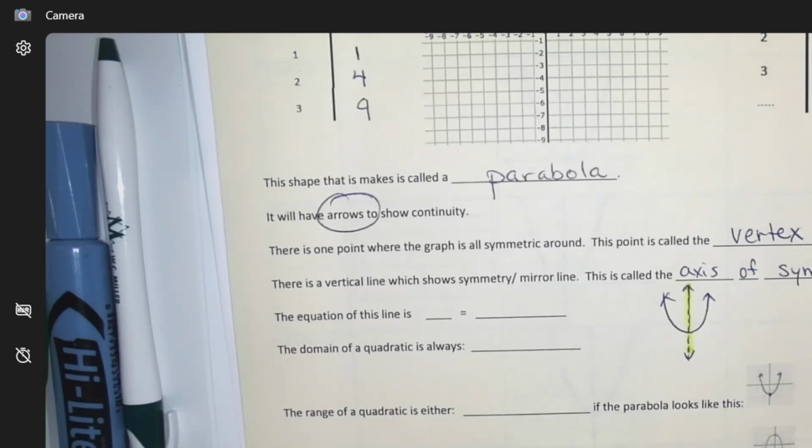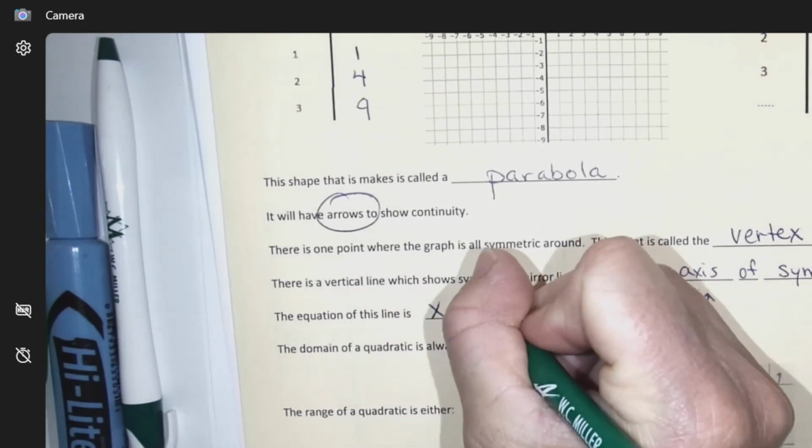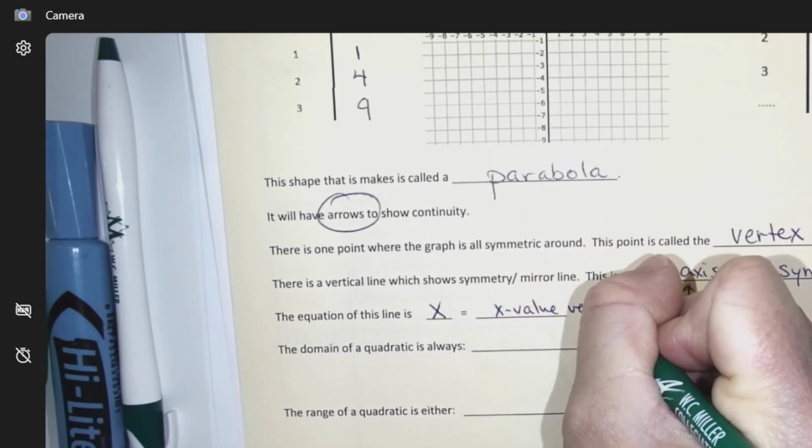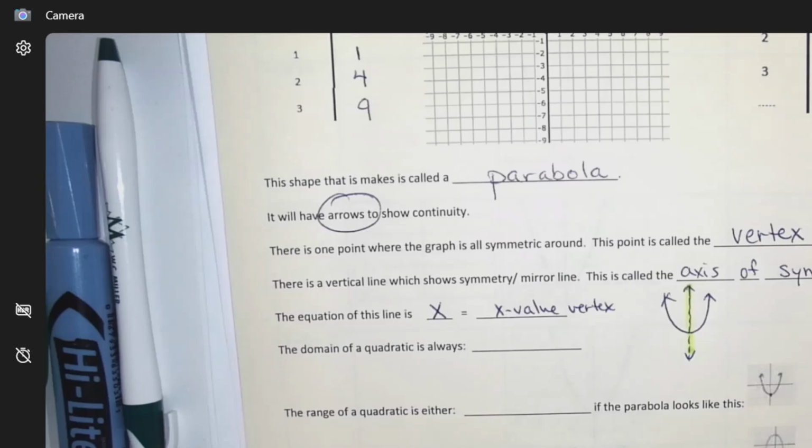And it's always going to have an equation of x equals, and then it's going to be going through the vertex. So whatever x value you're at when you go through the vertex. Do you remember this from last year? X equals goes straight up and down because y equals lines go flat. You graphed those in grade 10.